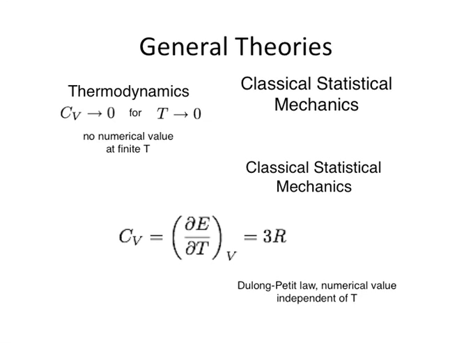There are classical statistical methods, quantum statistical methods and thermodynamical methods. In all these, the Cv value is equal to ∂E by ∂T at constant volume, which is equal to 3R, where R is the gas constant. Dulong and Petit give the numerical value as 3R.